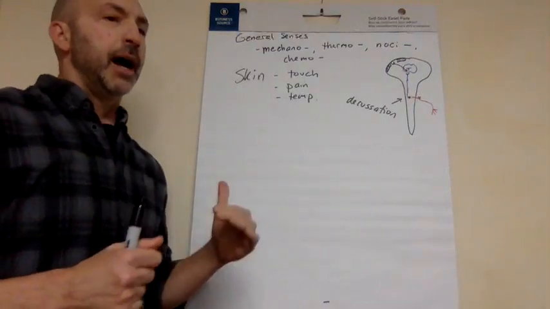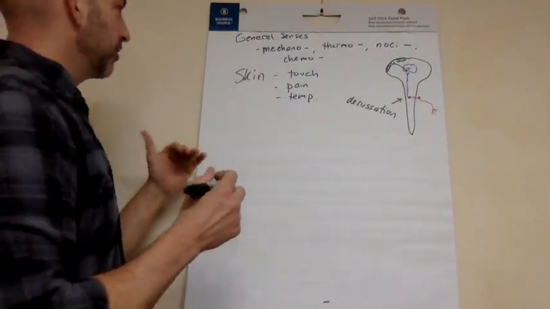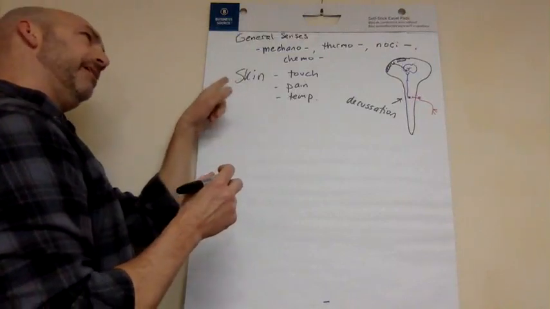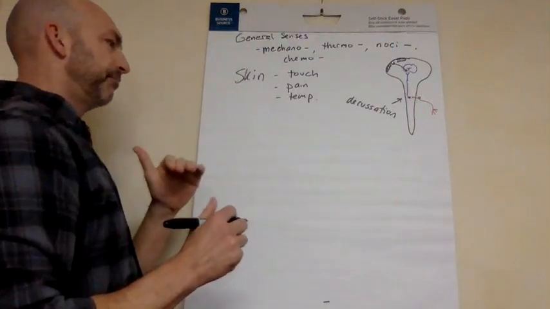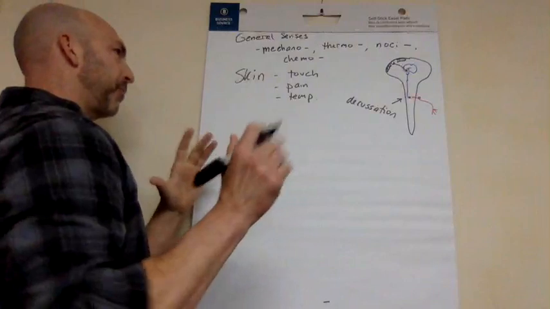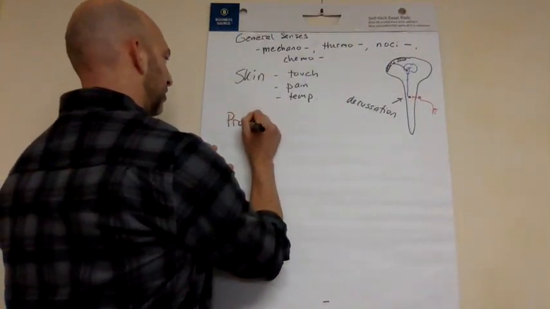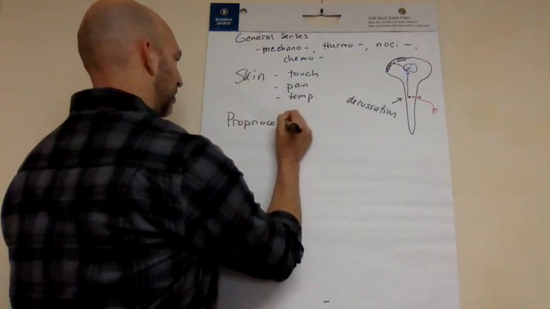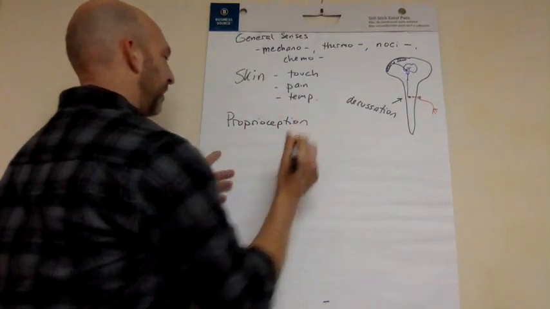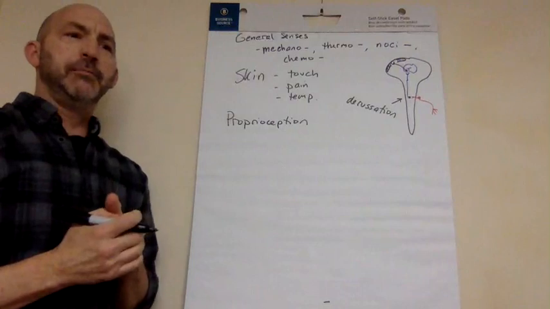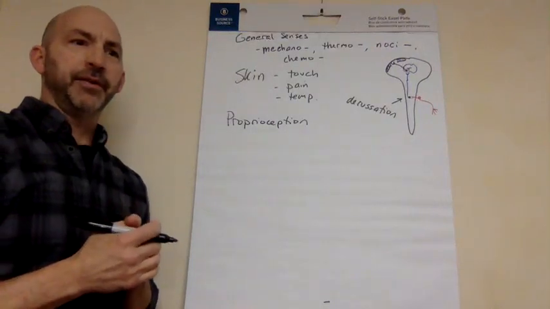Okay. Let's move down to another general sense, and it involves skin a little bit, but I'm going to separate it as well, and that's called proprioception. Right? Proprioception means sense of self.